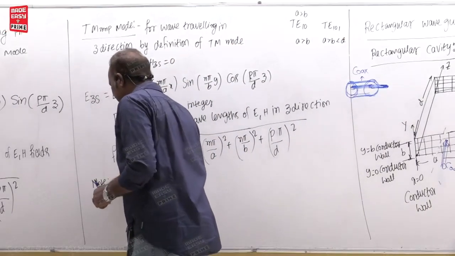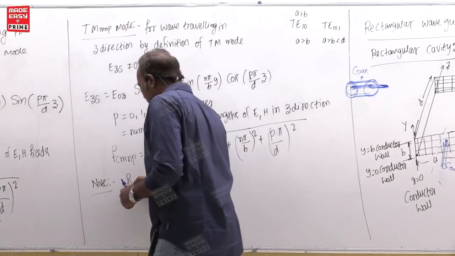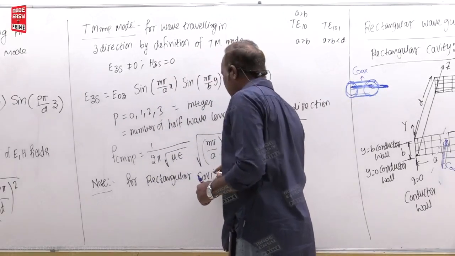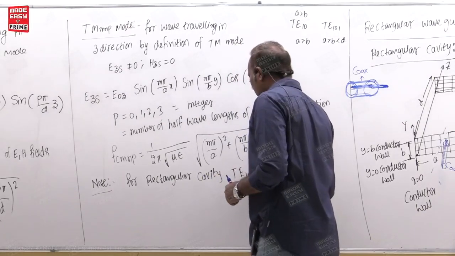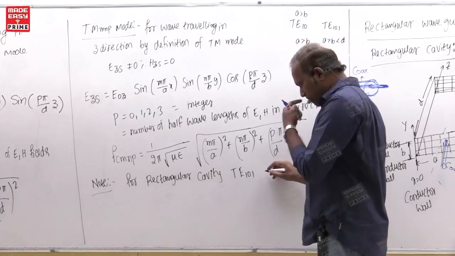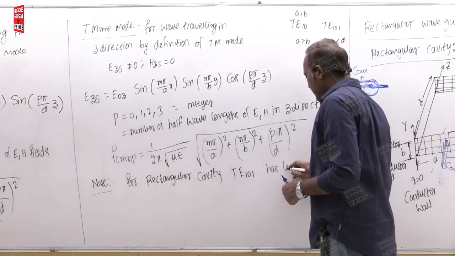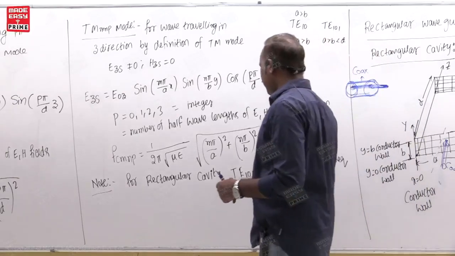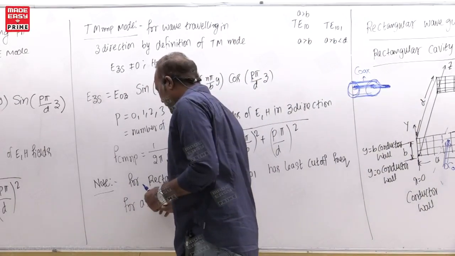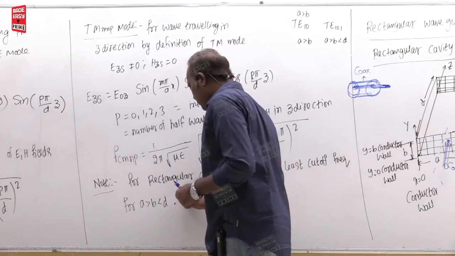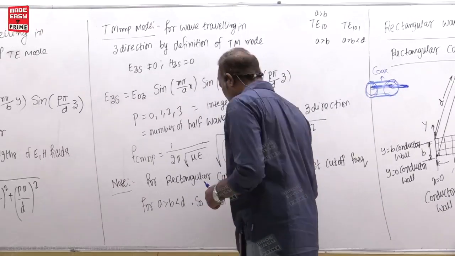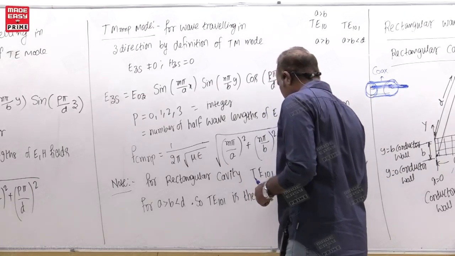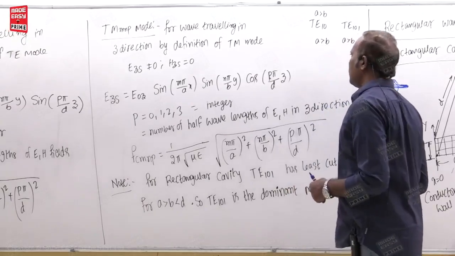A note I am writing here. For rectangular cavity, TE101 has least cutoff frequency for A greater than B less than D. So TE101 is the dominant mode, right?